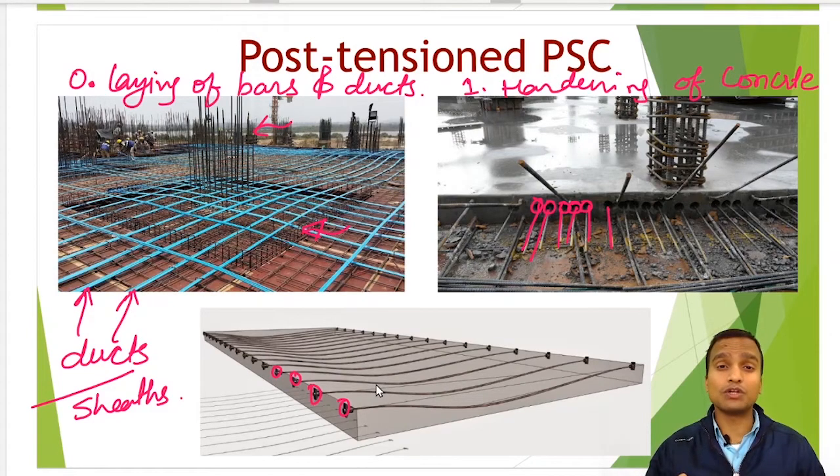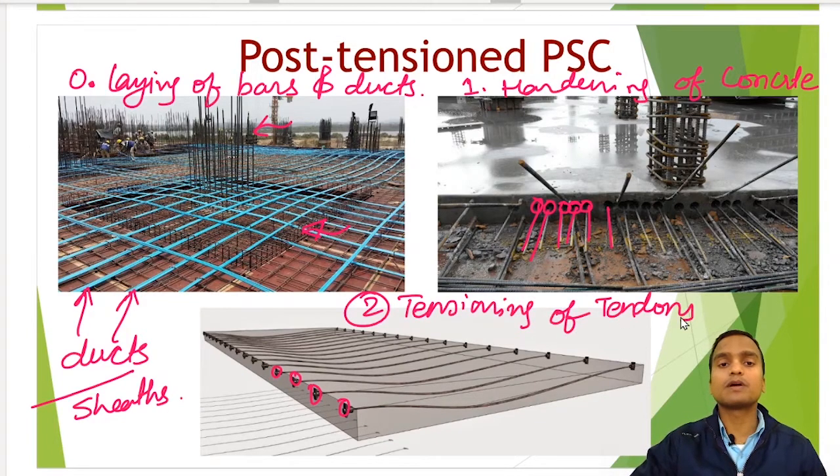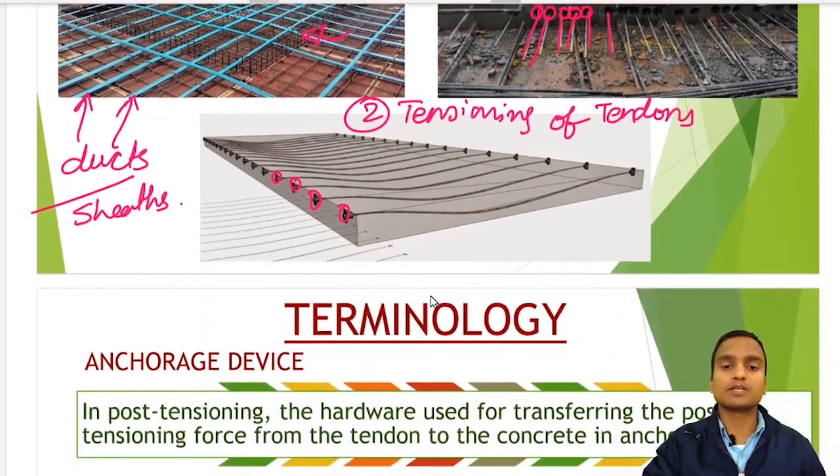Sometimes there is no need of bonding or grouting because there may be corrosion on the tendons. The second stage is the tensioning of tendons. This is just the reverse process of pre-tensioning. This method is generally done on the site itself, as you are seeing in the pictures also.